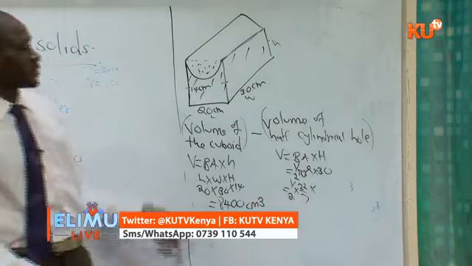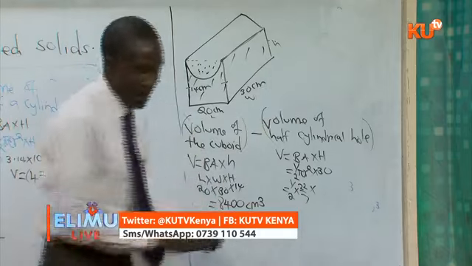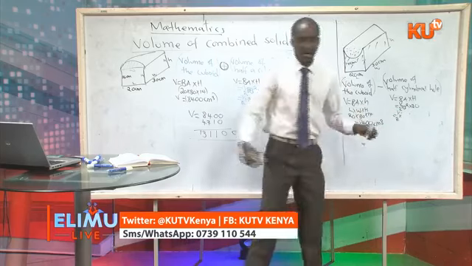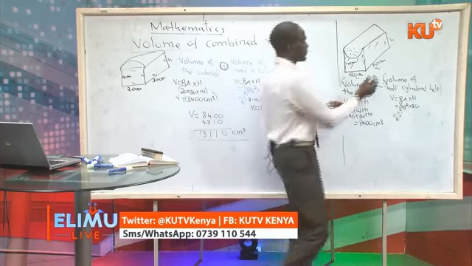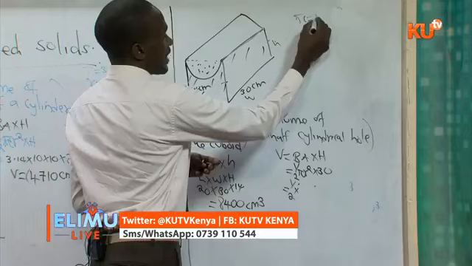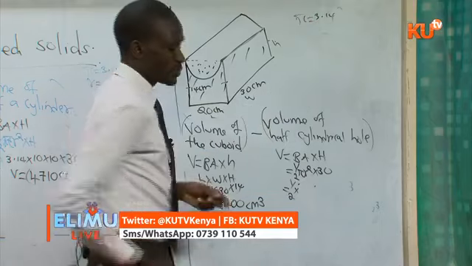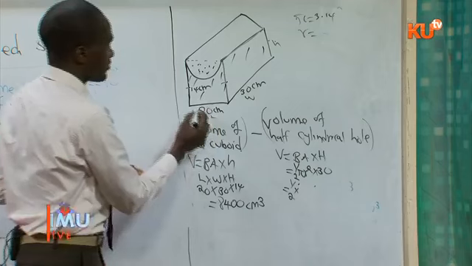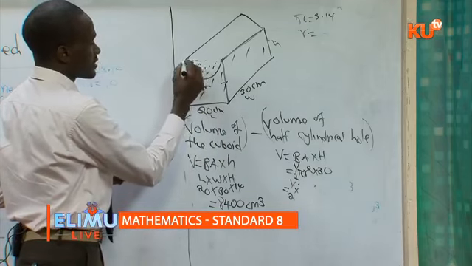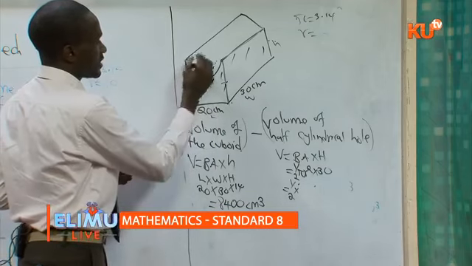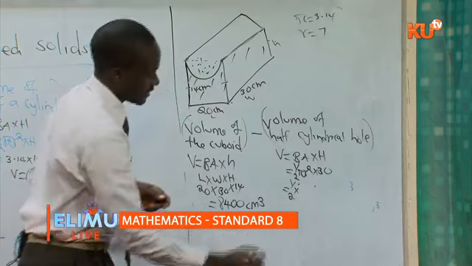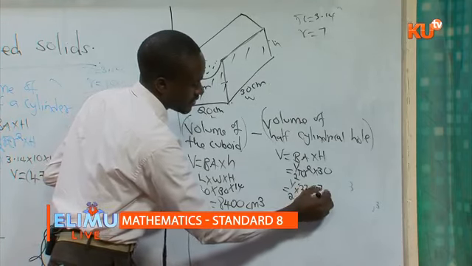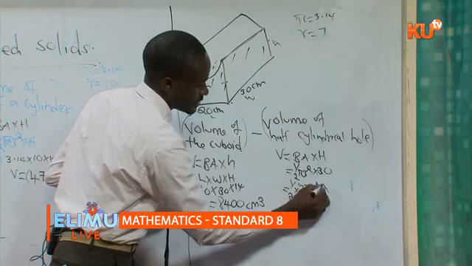Our radius, just the way I told you, or pi and radius. Pi and radius, you have to be careful when given pi as 3.14, use pi as 3.14. Radius here now you have to be careful, from here to here is 10, so our diameter is 10, radius is 7. Now times 22 over 7 times 7, times 10.